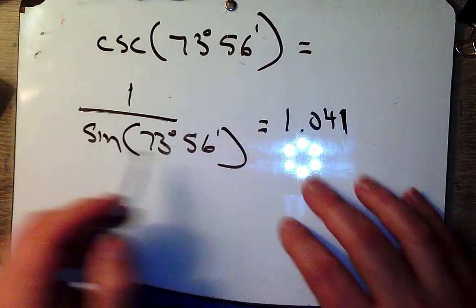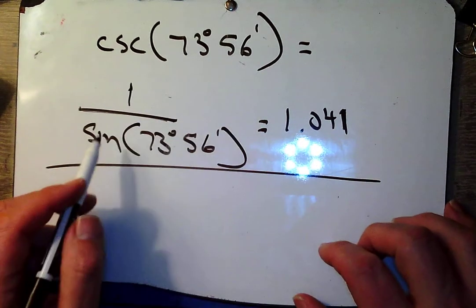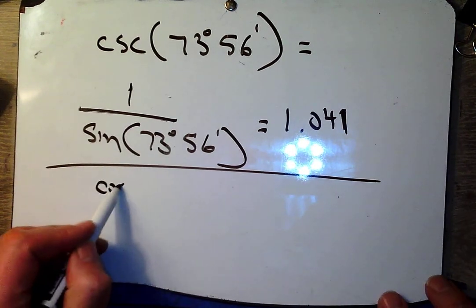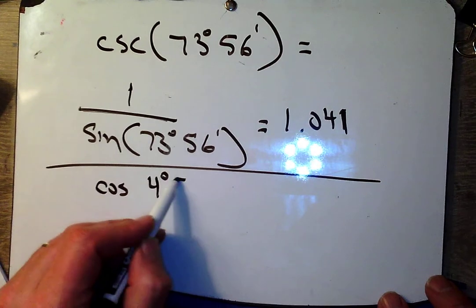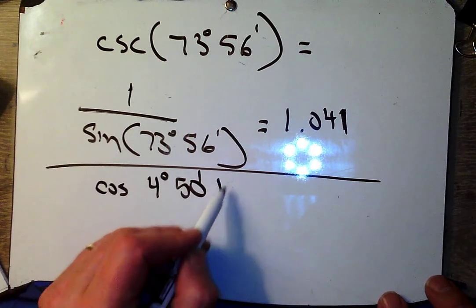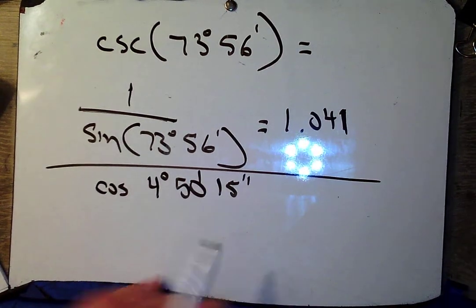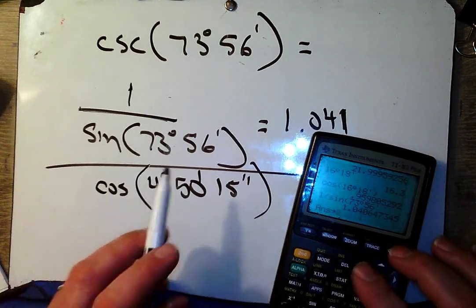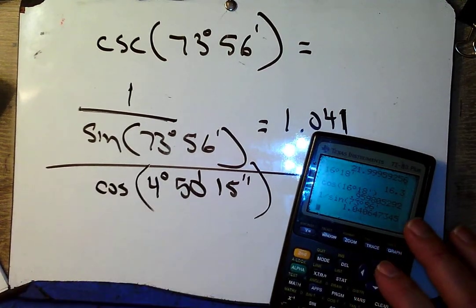Good. What if instead of this we had cosine of 4 degrees, 50 minutes, and 15 seconds? Well, when I see this, I'm going to be pulling out my calculator.